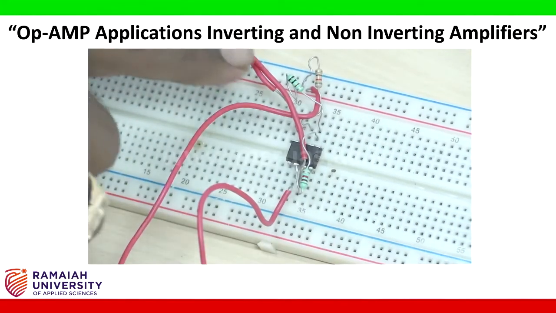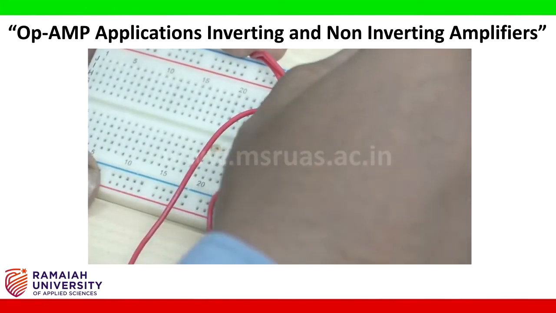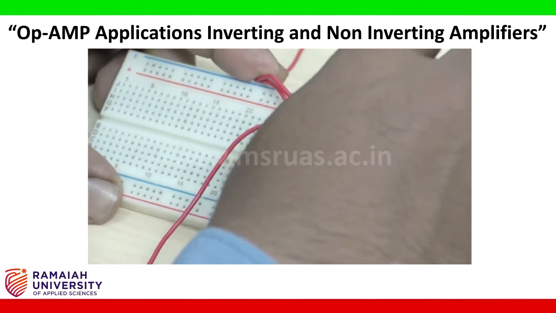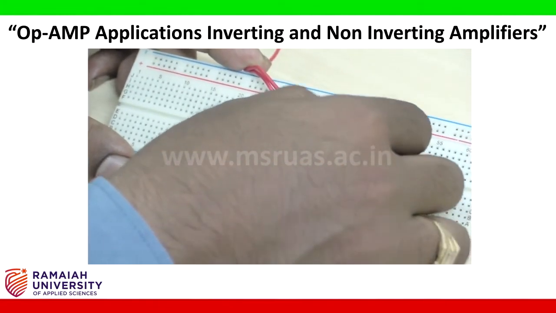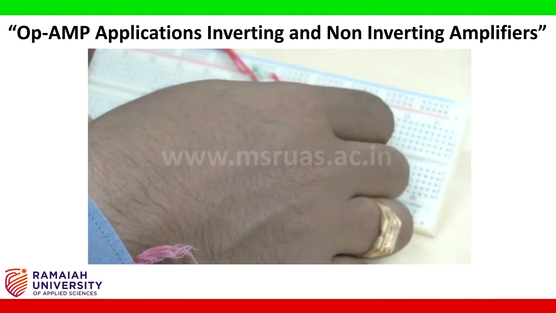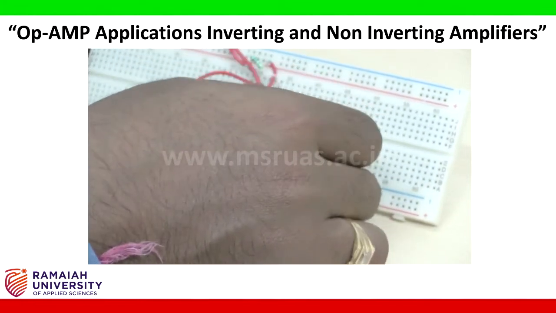Now I'm going to remove this, okay, by using this hand. I'm going to remove it and I keep this somewhere here. Okay, this point I'm going to connect that 833 kilo ohm.